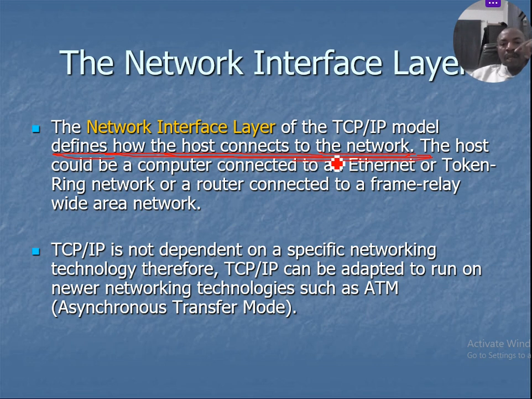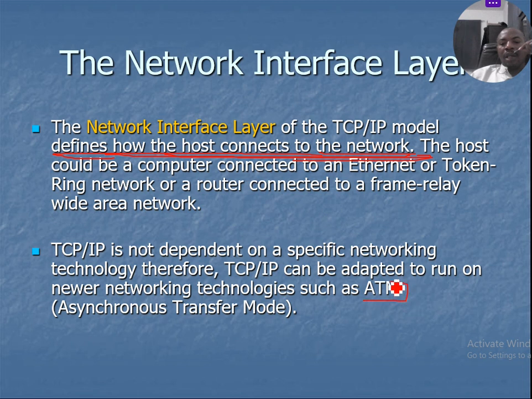So the network layer is just to define how the host connects to the network. Now the host could be a computer connected to an Ethernet or a token ring network, or a router connected to a frame relay wide area network. Could be any of these. Is that okay? TCP/IP is not dependent on the specific networking technology, so TCP/IP can be adapted to run on newer networking technologies such as ATM.